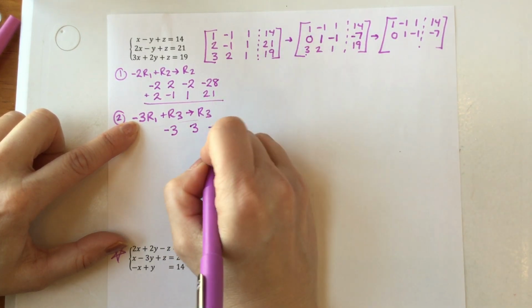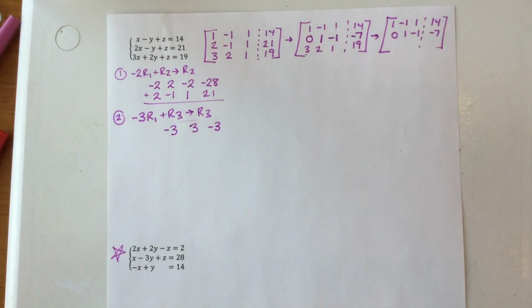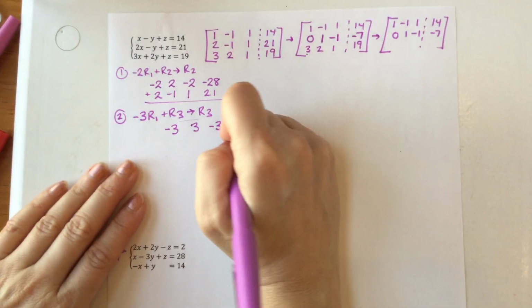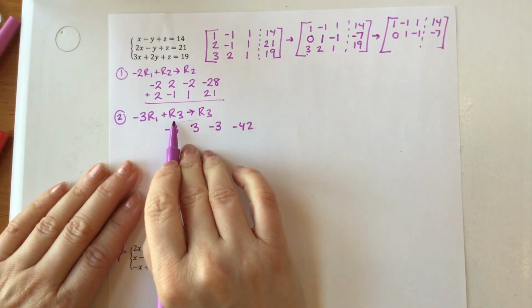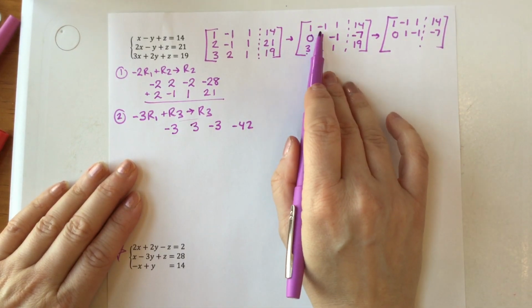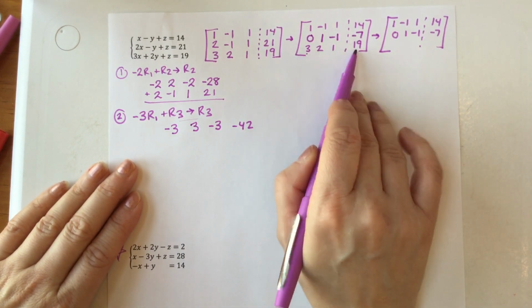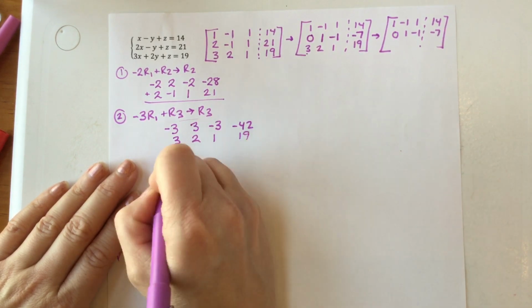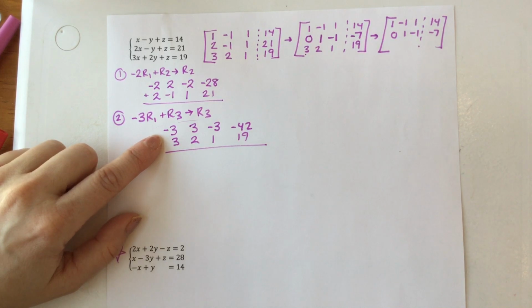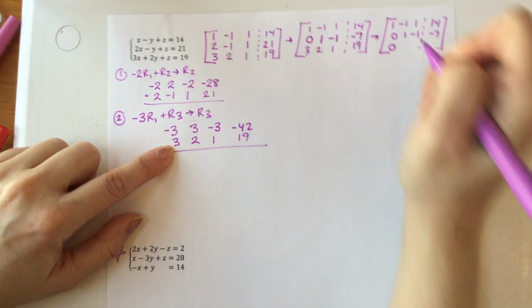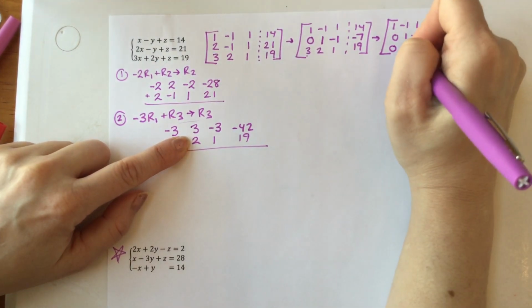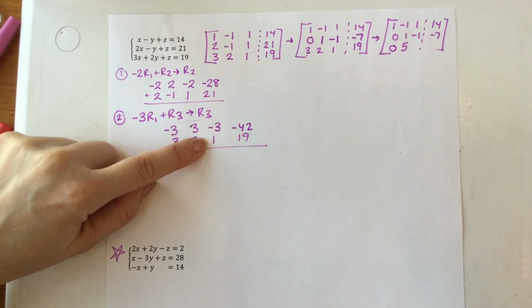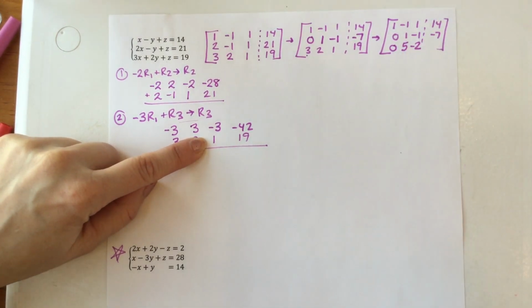Negative 3 times 1 is a negative 3. Negative 3 times positive 14 is negative 42. Now I add it to row 3: 3, 2, 1, 19. Negative 3 plus 3, 0. 3 plus 2, 5. Negative 3 plus 1, negative 2.